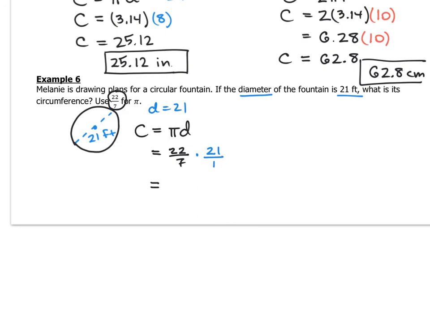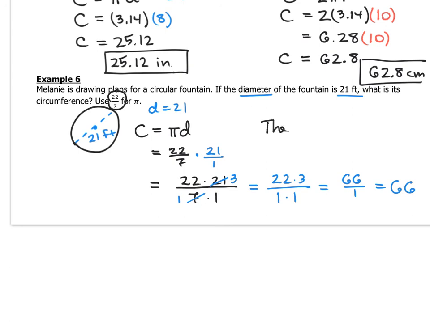And now we can multiply these fractions together. 22 times 21 divided by 7 times 1, and you see you can cancel 7 and 21. So this becomes 22 times 3 divided by 1 times 1. So this is 66 over 1, or just 66. So the circumference of this fountain is 66 feet.